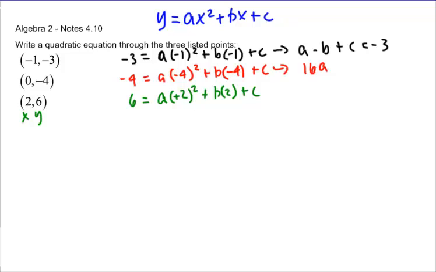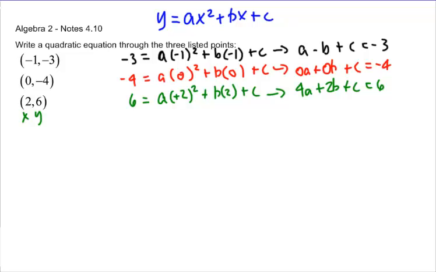Oh, I set that one up wrong. These should be zeros. So zeros here and here. So this one is actually going to give us 0A plus 0B plus C equals -4. And the last one is going to give us 4A plus 2B plus C equals 6.